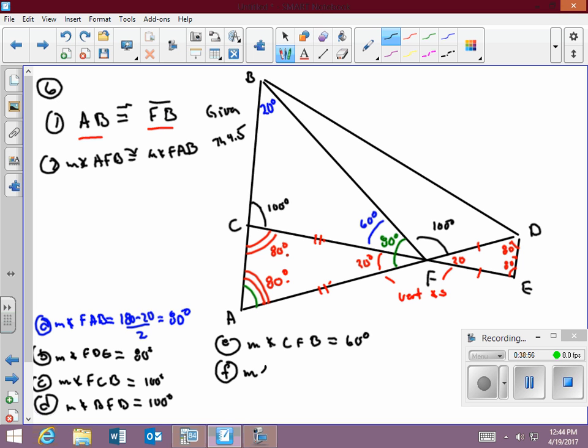The measure of angle AFC. Okay, AFC, so that's that 20 degrees. It's not a rigorous proof. It's just going through the steps of the figures.